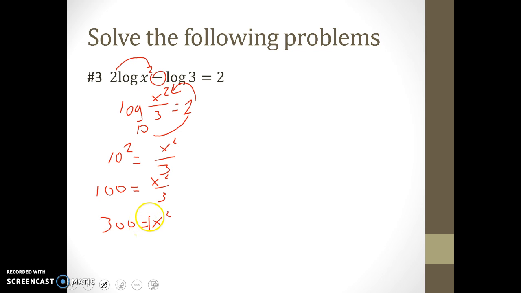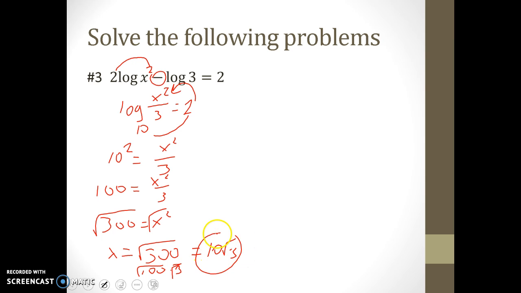And so then I want to undo the square part, so I'm going to take the square root of both sides, and I'll have that x is equal to, I could say it's the square root of 300, but we probably want to simplify that. We know that 100 goes into 300. It's 100 times 3. So I could take the square root of 100 times the square root of 3 to get the square root of 300. But we know that the square root of 100 is 10, radical 3 then. And so the final answer for number 3 is that x equals 10 radical 3.